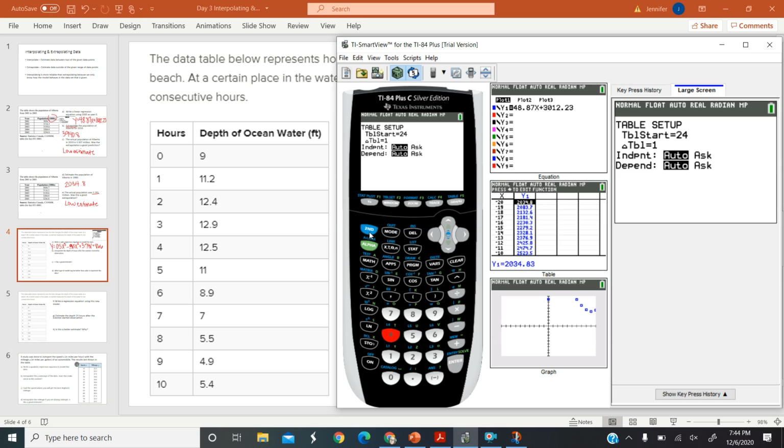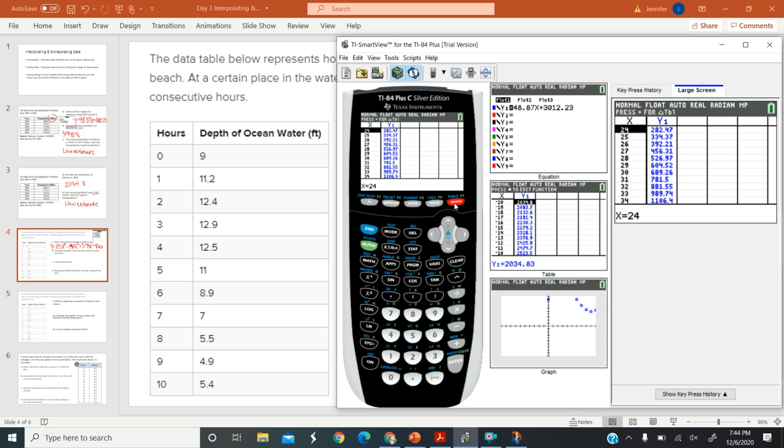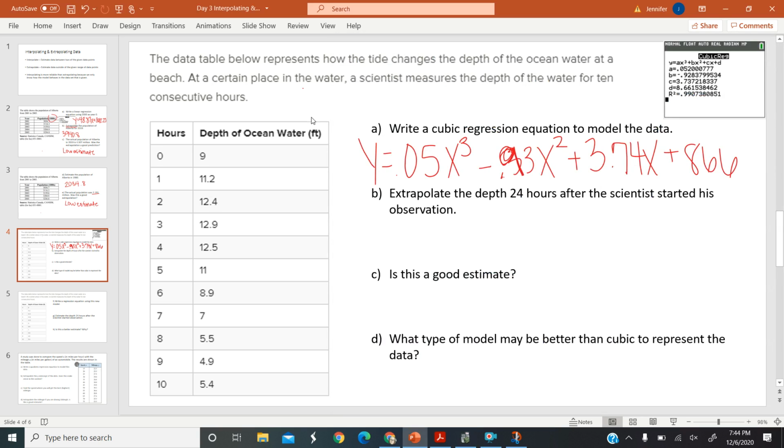And then I want to go to my table. And we get 282.47. So if I come back here, then I'm going to say that the depth of the water was 282.47 feet.